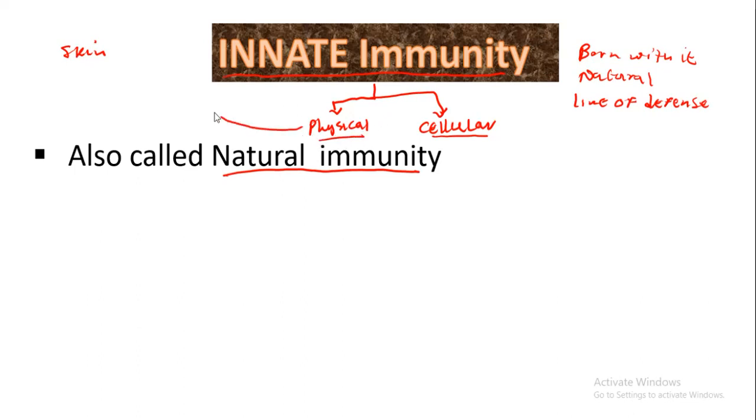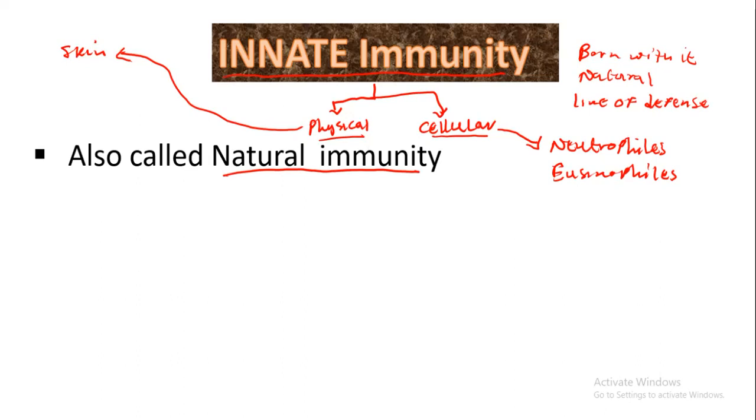The skin falls under the physical barrier. When you talk of the cellular component, this is where you can talk of the neutrophils, the eosinophils, and many other cells which we are going to discuss.